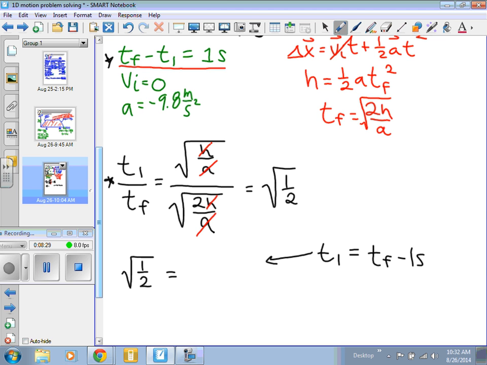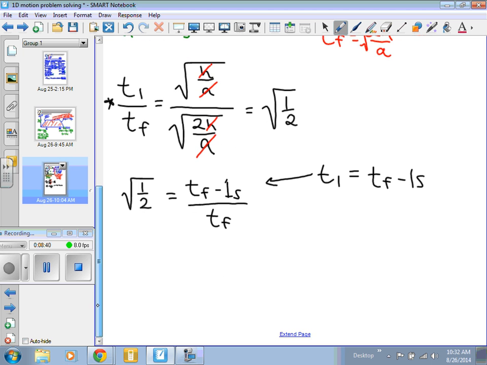So we have t final minus 1 second over t final. And now we've just got a little bit of algebra, and we should be able to find that t final is equal to 3.4 seconds. So we know that the total time for the object to fall was 3.4 seconds.